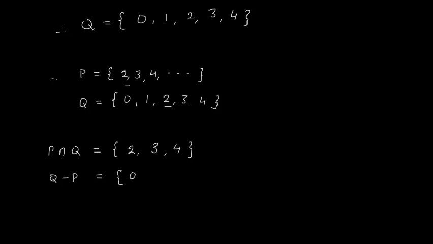So you write 0, because 0 is not present in P, you write 1. Then 2 is present in P, so you will not write 2. Similarly, you will not write 3, you will not write 4. So only 0 and 1 will be Q minus P. So hope you understand this difference between two sets.